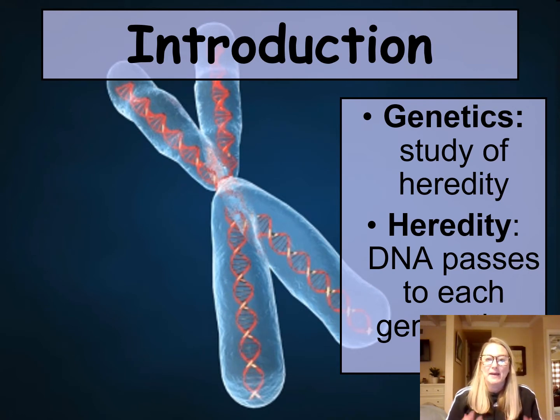They could not explain the mechanism. They did, however, note that something was passed on from generation to generation and that influenced the appearance and the behavior of the offspring. Now we know that thing that's passed on to be DNA or RNA, so some sort of genetic information that is the basis for heredity.